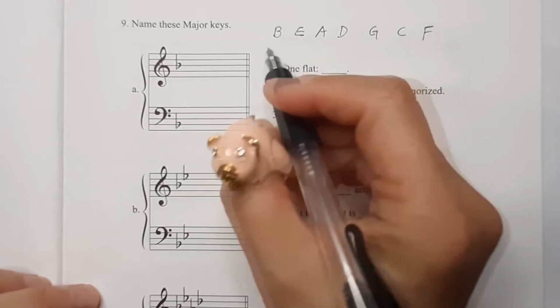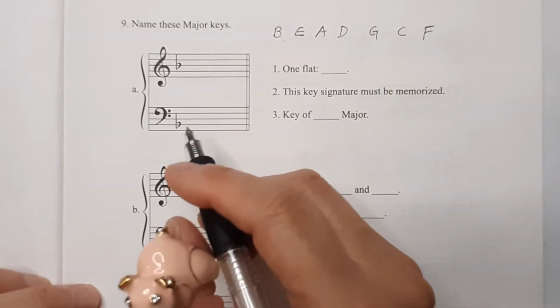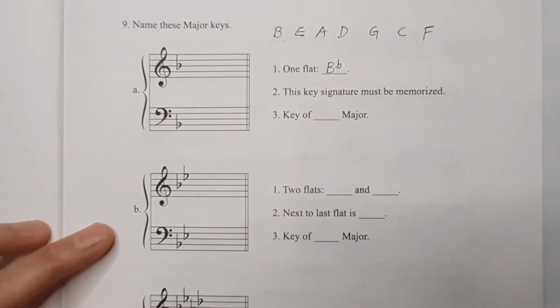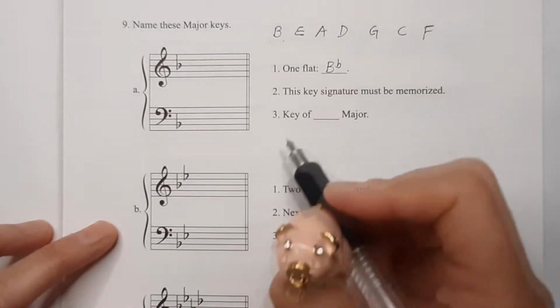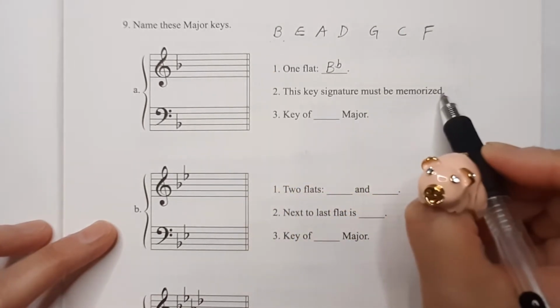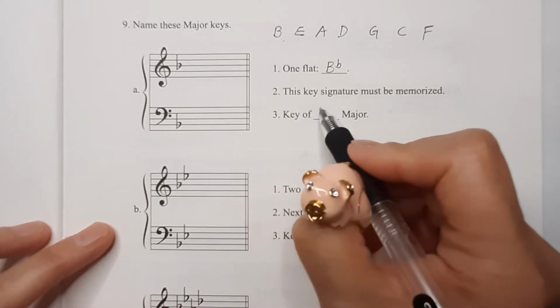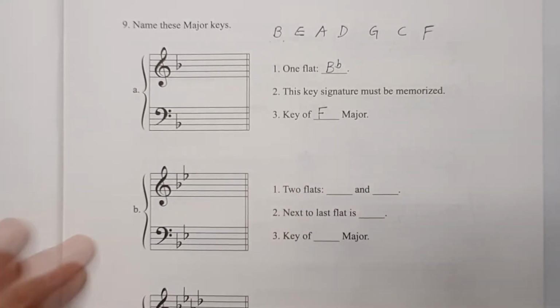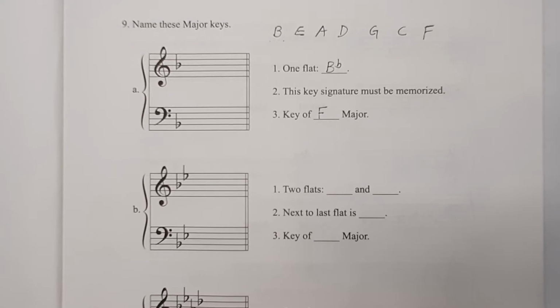Now, if there's one flat, it's a B flat. So write B flat. Make sure you put the flat sign. Okay. 2. This key signature must be memorized. So this is in the key of F major. Got that? If there's one flat, this is in the key of F major.